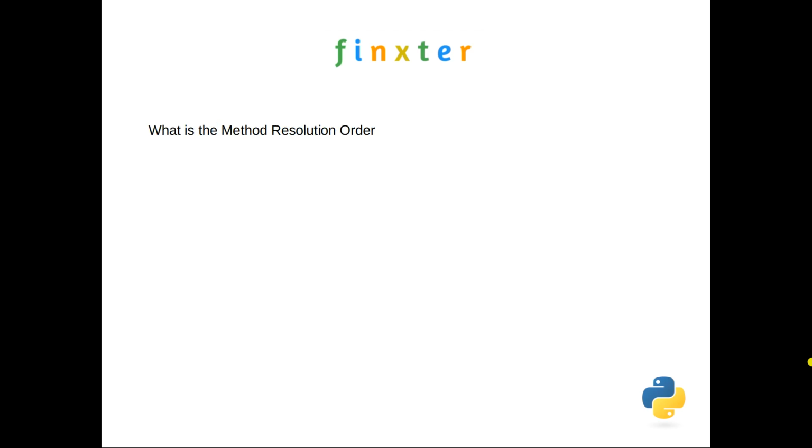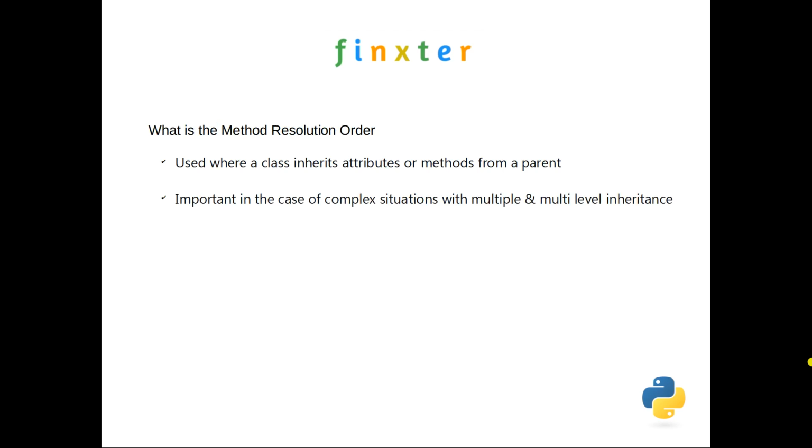So what is the method resolution order? It's used where we have one class that inherits attributes or methods from a parent. And it's quite important in the case of complex situations where you have multiple parents and grandparents and some quite complex multi-level and multiple inheritance issues, because if you didn't have it, it could cause chaos in what gets returned to you.